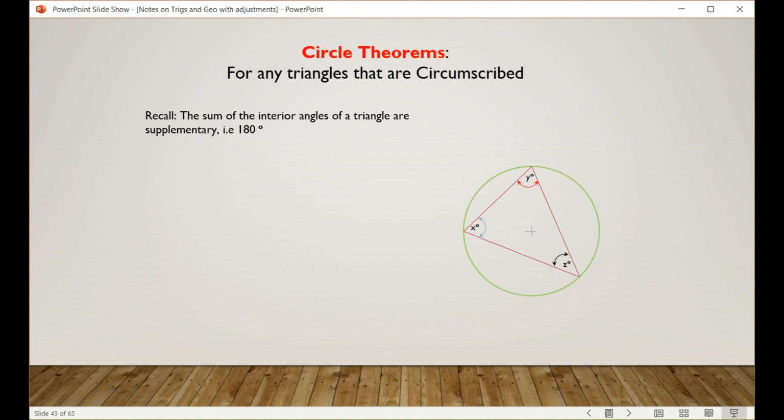So let's recall the exact statement. The sum of the interior angles of a triangle are supplementary, meaning they add up to 180. And let's take a little proof of that. Let's look at the angle X, and it's highlighted by those two blue lines. And if we slide that across and turn it, it's the same angle X. Look, it's there now.